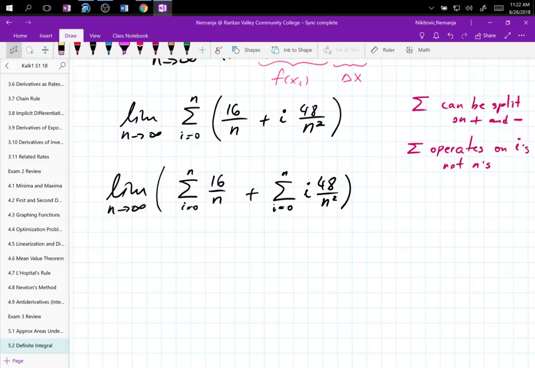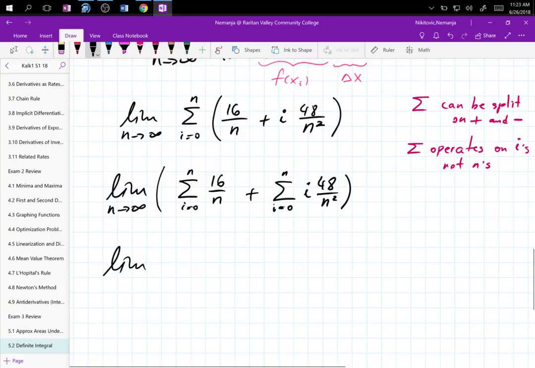Now to exercise the second thing on the bottom, summation operates on i's, which means that anything that is not an i can be kicked in front of the sum.